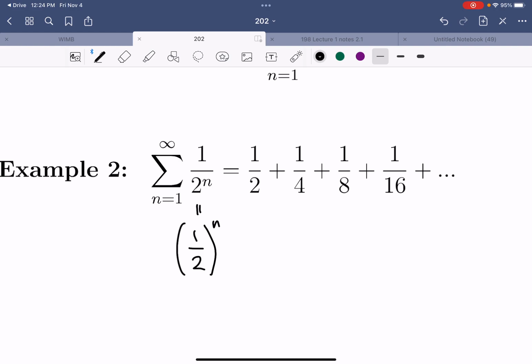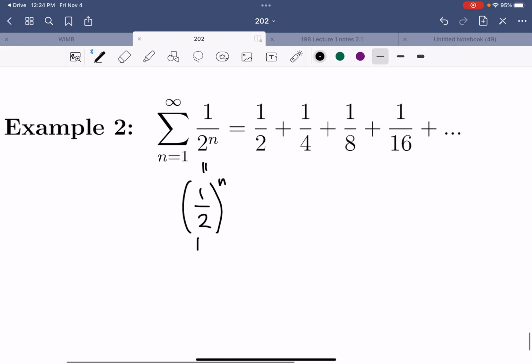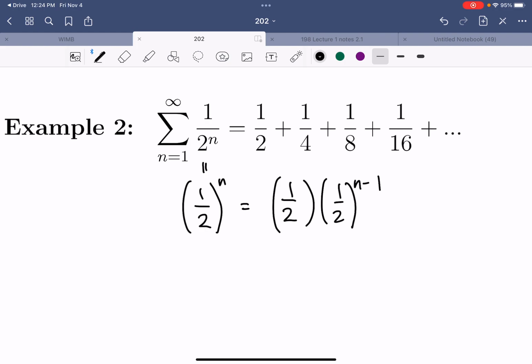I can pull out one of them, so I can make this 1/2 times 1/2 to the n minus 1. Now my n minus 1 works, and the a and the r are actually the same thing here. So this would be my a, and this would be my r. So it's geometric.